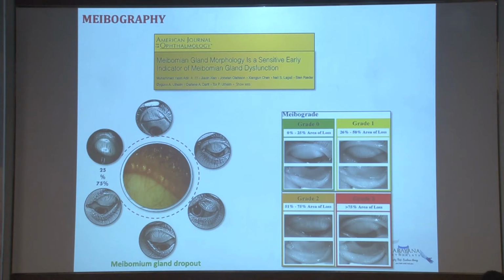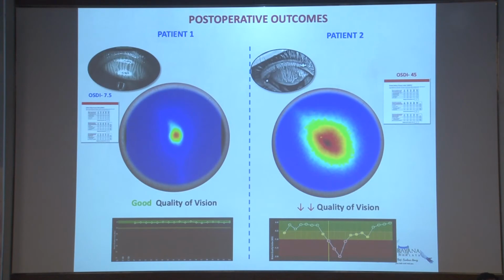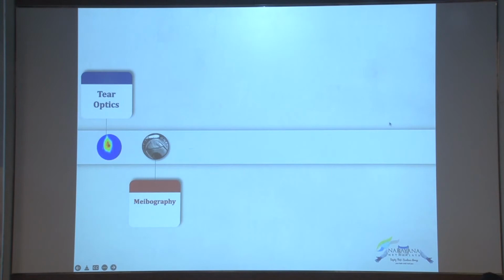Even if you have an autorefractometer, it's an infrared light principle. You just invert your lids, and you can see the meibomian gland health, and if required you can treat it. Why? Because if the meibomian gland health is abnormal, it can cause poor quality of vision post surgery, which will be aggravated, and patients might have higher discomfort.